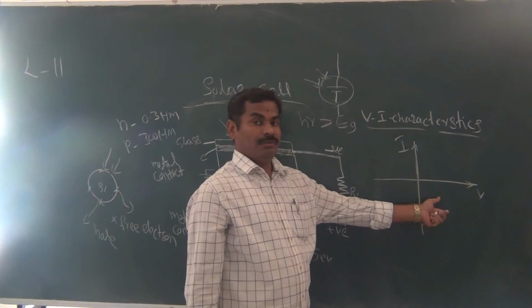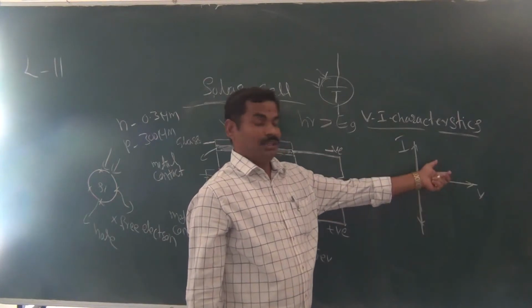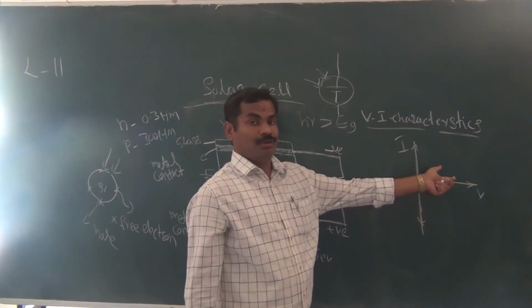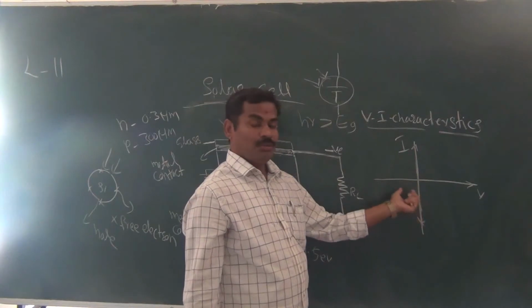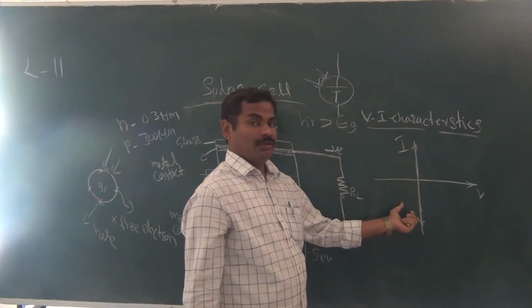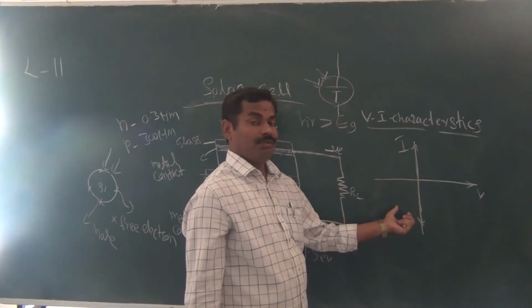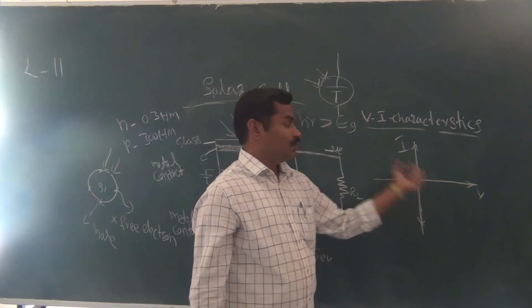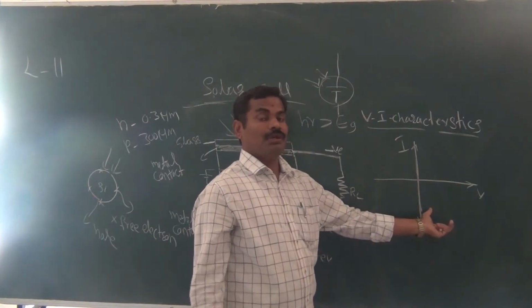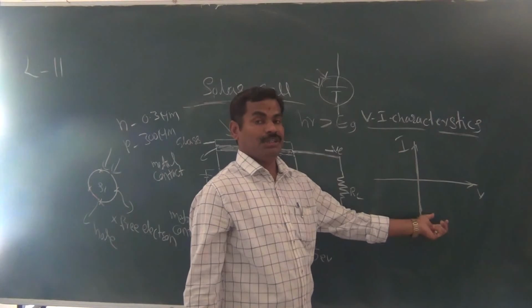As you studied in the LED, you study it in the first quadrant, because that conducts in forward bias. And for the photodiode you draw the graph in the third quadrant, because that is reverse bias. But you study the solar cell in the fourth quadrant. Why? Because you are not applying any biasing.